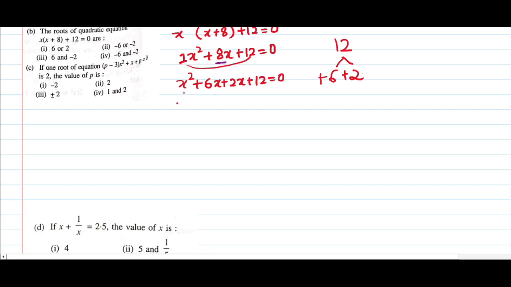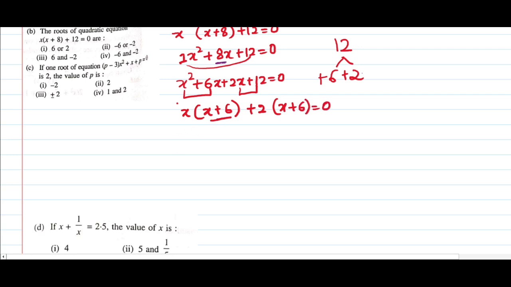Now what we have to do next is find the common terms. Which are the common terms here? x is common and the remaining x is written in the bracket, plus here 2 is common. We have to write x plus 6, which is equal to 2, which is equal to 0.